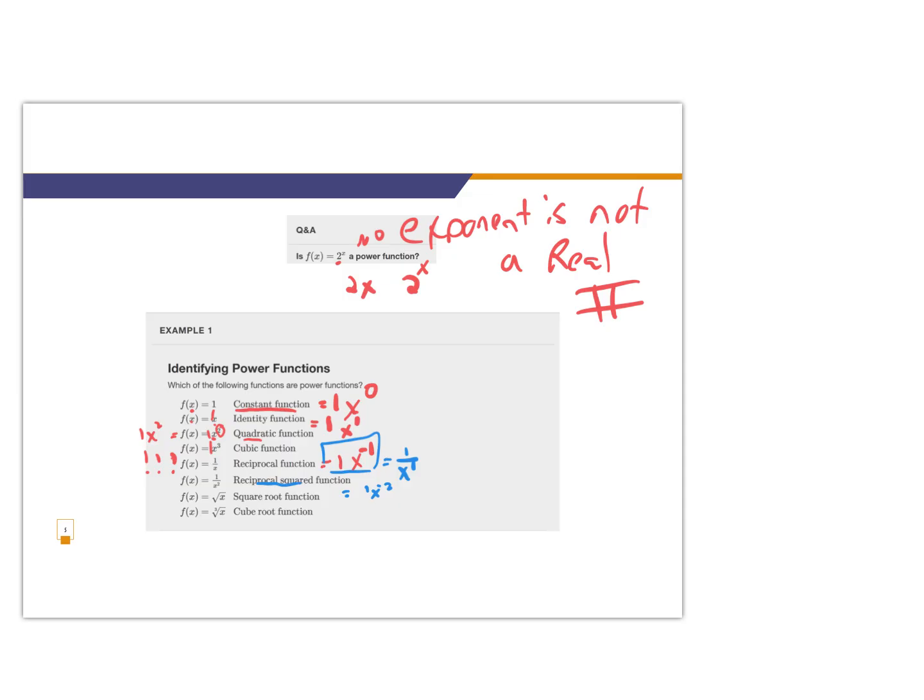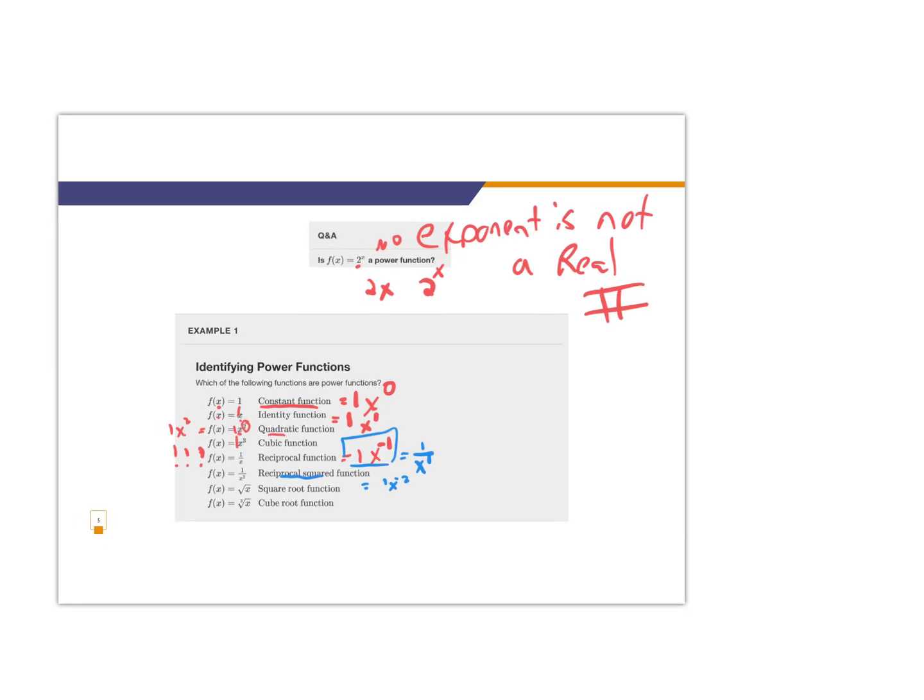All right, now look at the last two. I have a square root, I have a cube root. They're both in our toolkit function. Well, where in the world is the exponent? Glad you asked. I know what you're thinking. We didn't ask.